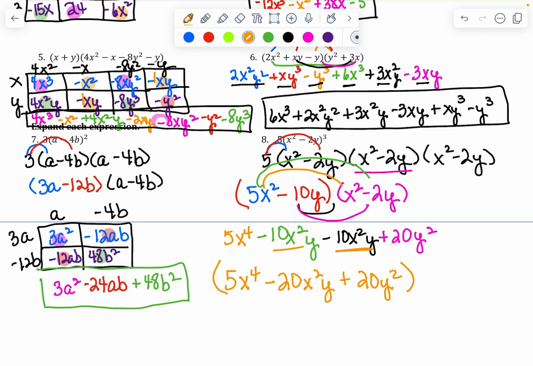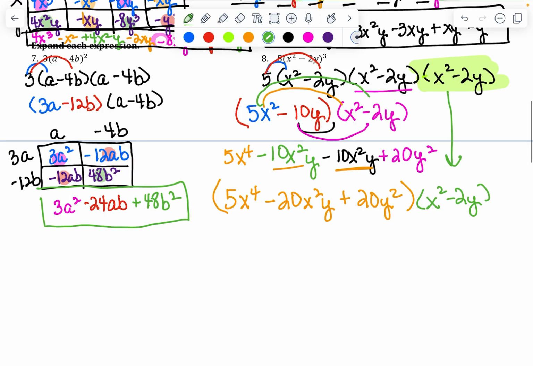So there's that parenthesis. Now I need to do this one right here. We need to bring this one down. So here we go. This one's awful. Just take your time. So I'm going to do the small one.